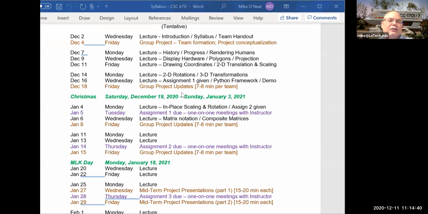Your project update for your group is due that Friday, so that means Thursday you're going to be working on your group project stuff. Then we come back after Christmas, there's a lecture on Monday, and then your assignment is due Tuesday. So while there's 3 weeks of calendar time, there's really less than a week of your in-school time. So again, I'm encouraging you guys to get started early.